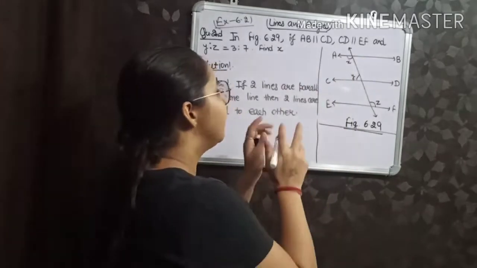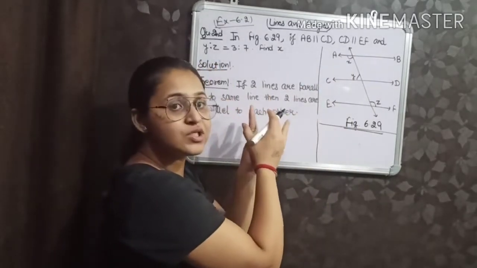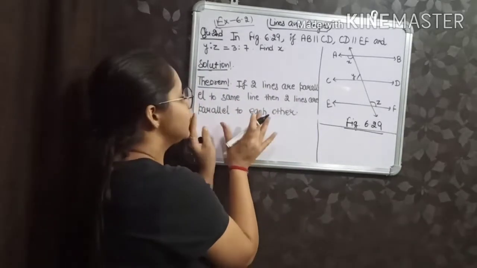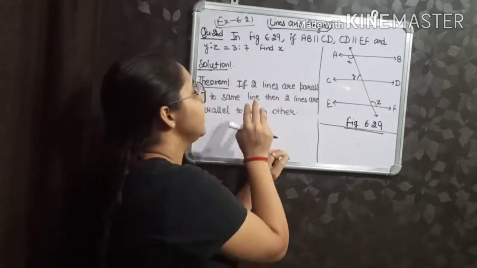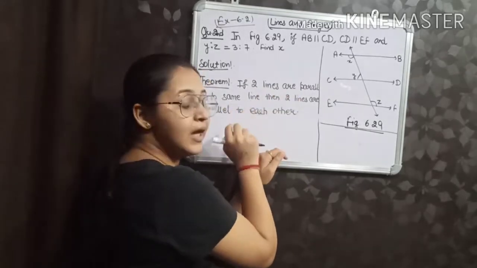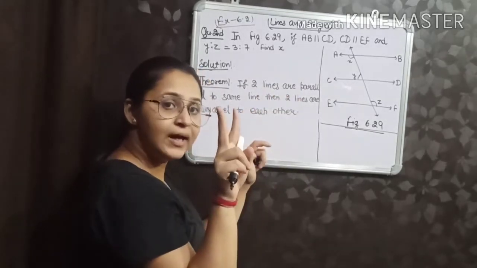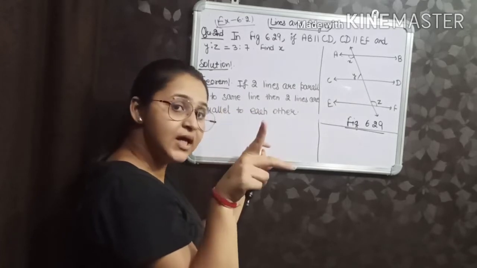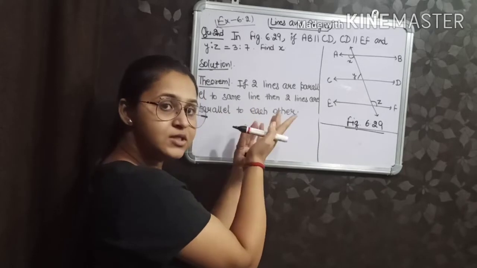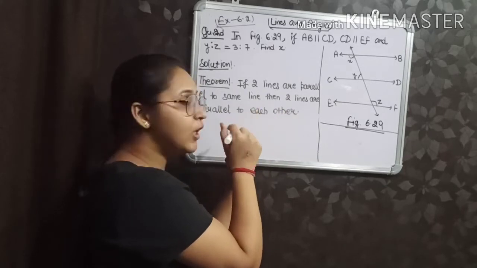Now see that before moving to the solution of this question, I will tell you one theorem that states that if two lines are parallel to the same line, then the two lines are parallel to each other. What does this theorem mean?